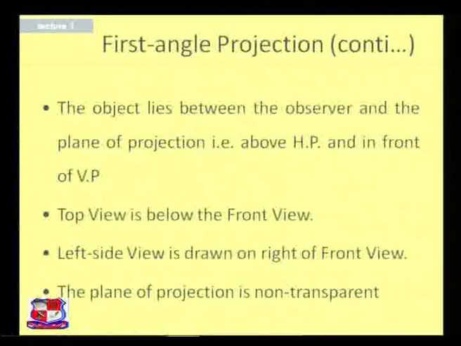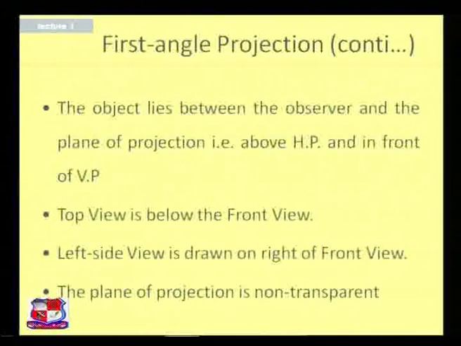The object lies between the observer and the plane of projection, that is above the horizontal plane and in front of the vertical plane. The object is kept in the first quadrant to study the first angle projection, so the object is kept above the horizontal plane and in front of the vertical plane, and the top view is below the front view.